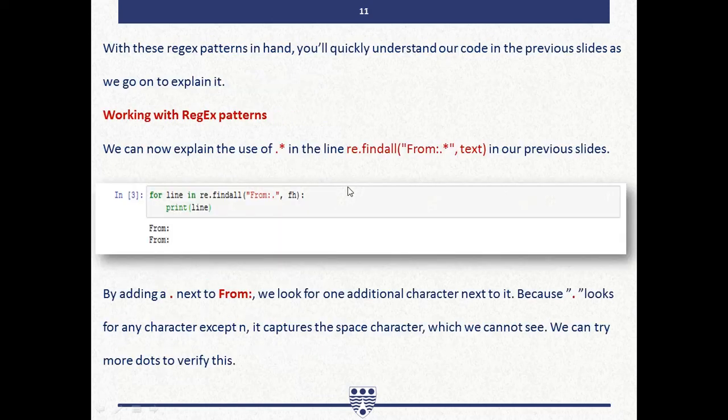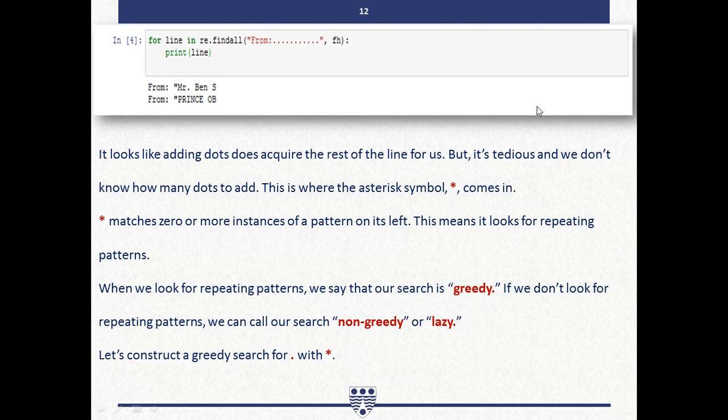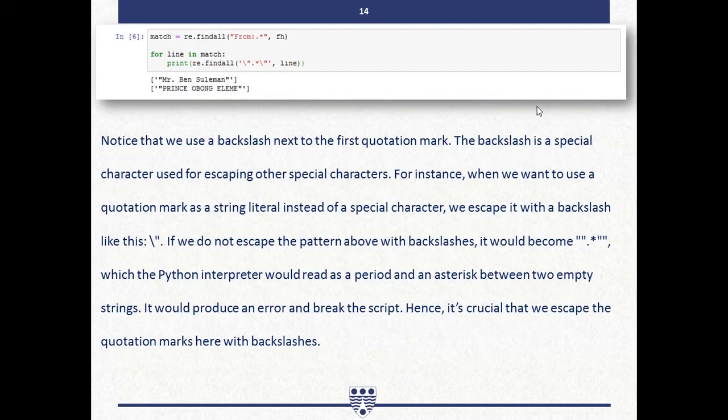Okay, then we continued by looking at how to find all the information from the people that sent the email address from a corpus. Okay, and we took it step by step to arrive at the full pattern for the string. Okay, then we continued by looking at how to get the name.